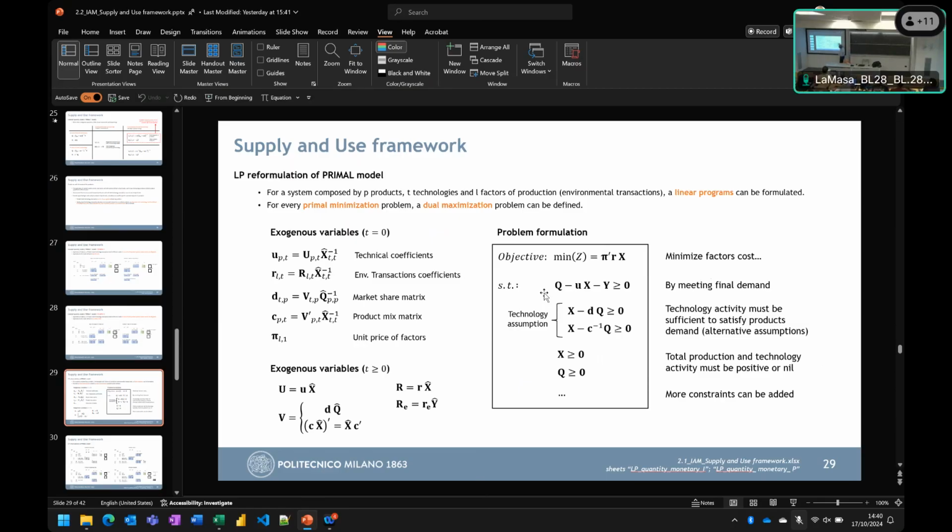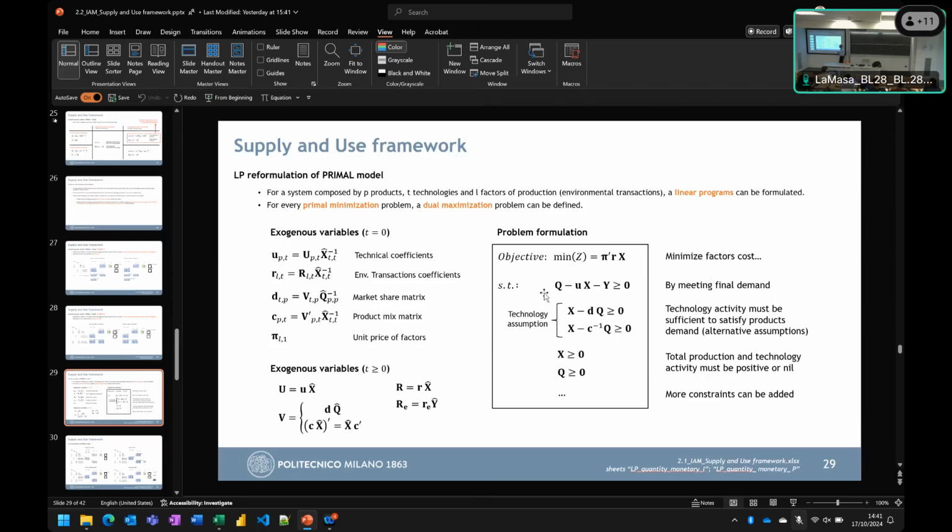So there may be some structural constraints. We have some balances that need to be respected, like, for example, the energy balance. In case the model is fully defined in energy quantities, we have a demand-supply balance of energy quantities. These are constraints that structurally bind the system to obey the laws of physics. Then we have the technology assumption. We can decide to go for one or the other, or even, in more complicated cases, hybrid assumptions.